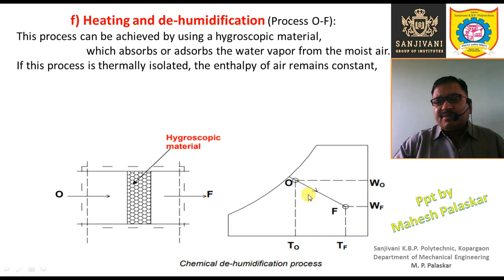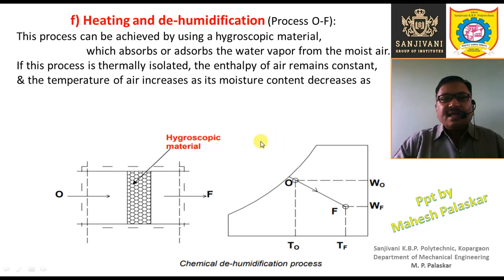But if there is thermal isolation, the total overall enthalpy will remain constant. Though the latent enthalpy decreases and the sensible enthalpy increases, the increase in sensible enthalpy will be equal to the decrease in latent enthalpy. So the overall enthalpy may remain the same if the process is thermally isolated, and this process line can be perpendicular to this enthalpy scale here like this.